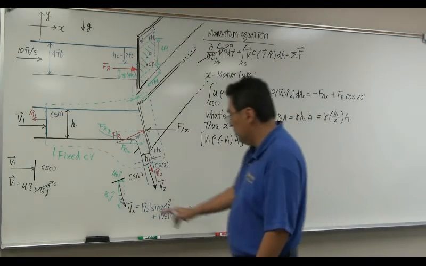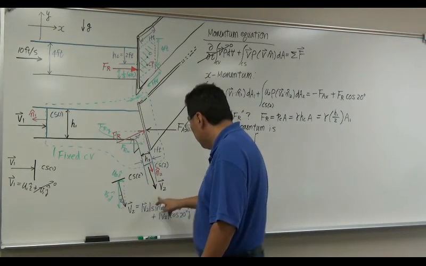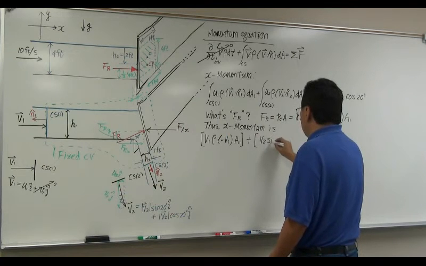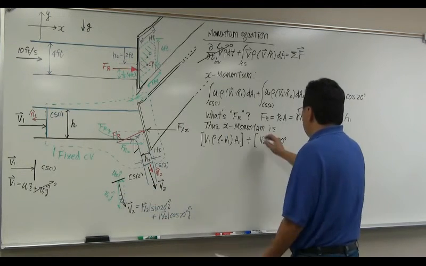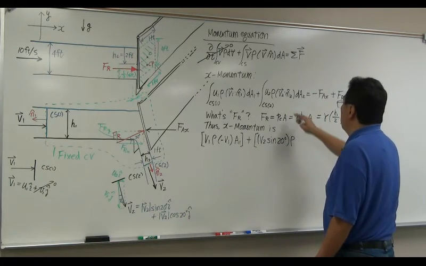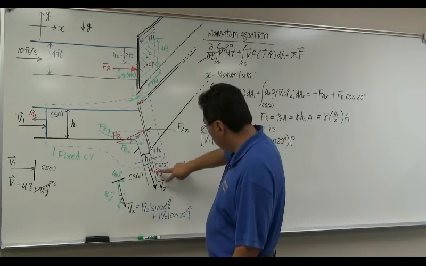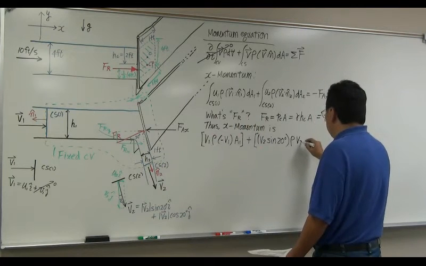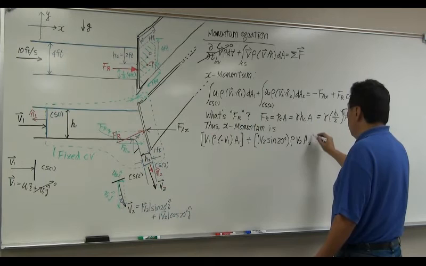u2, what is u2? u2 is this one. u2 is the magnitude of v2 sine 20. And density is rho. v2 dot n2 is just v2. Integrated over area gets you A2.